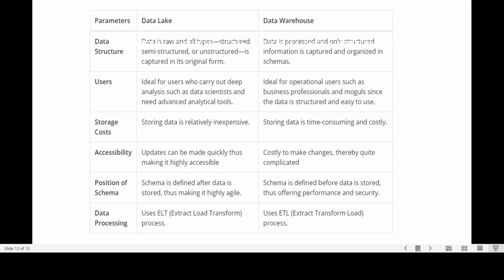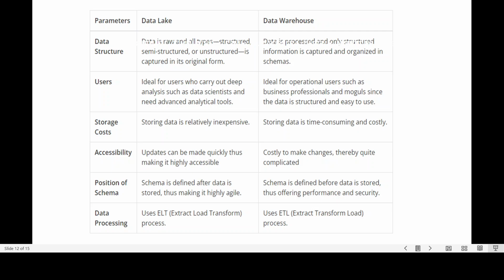Again, we are going to see the differences between the data lake and data warehouse based on the following parameters. So coming to data structure, in a data lake, data is raw and of all types, that is structured, semi-structured or unstructured. It is captured in its original form. Coming to the data warehouse, data is processed and only structured information is captured and organized in schemas.